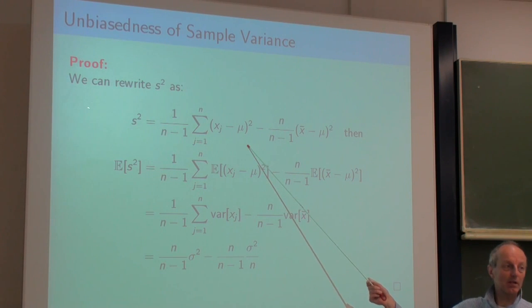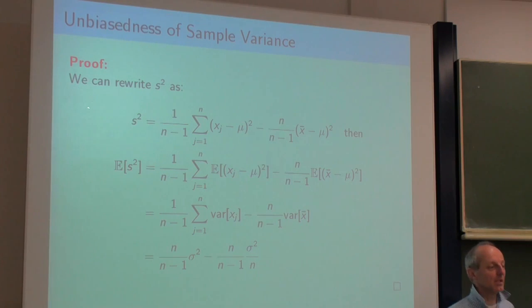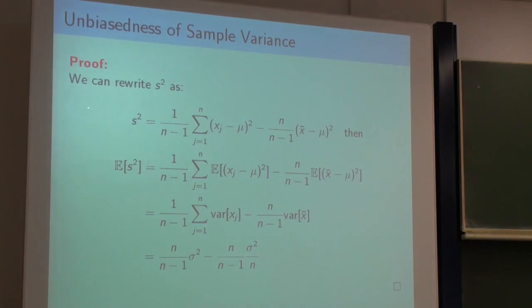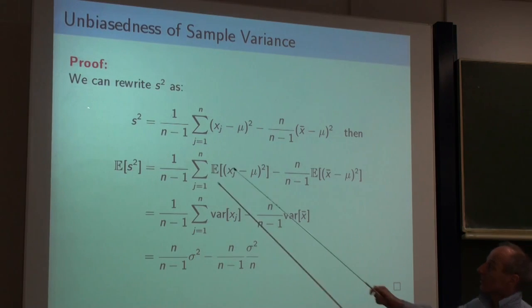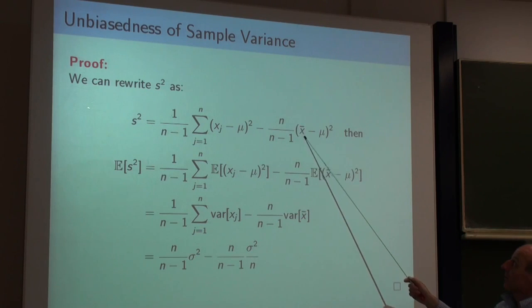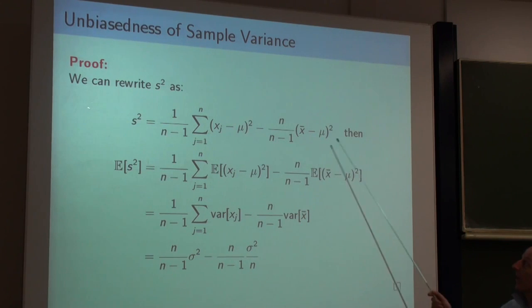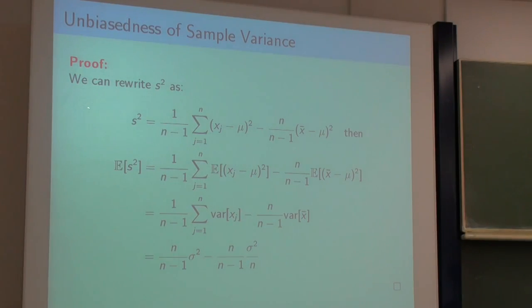Because when you estimate the variance from the sample, you don't know the mean of the underlying distribution. So the only thing you can do is calculate the sample mean, so this would be x bar. But you can write the sample variance in this way. Look, here appears the x bar. And this part of the proof is your exercise. You have to show that this formula is identical to the sample variance.